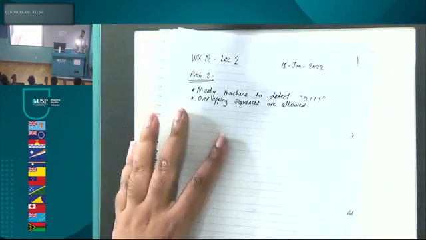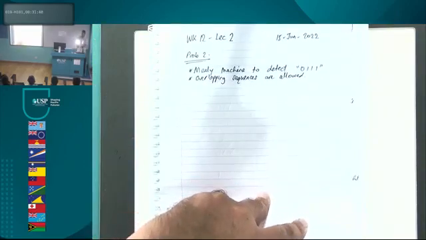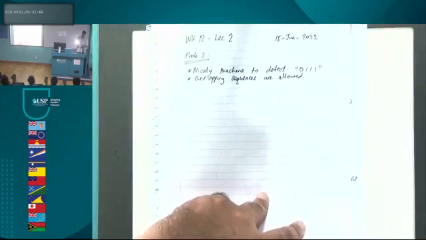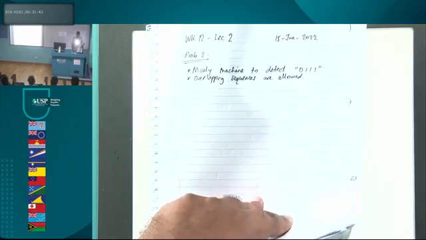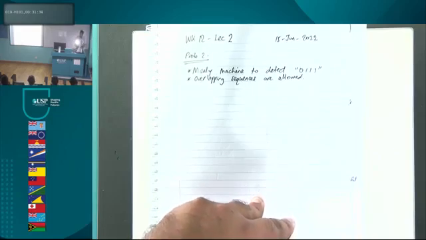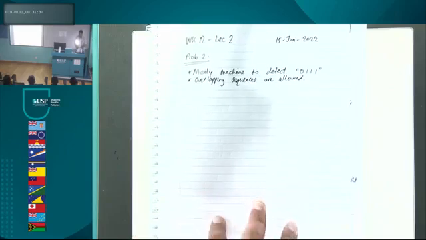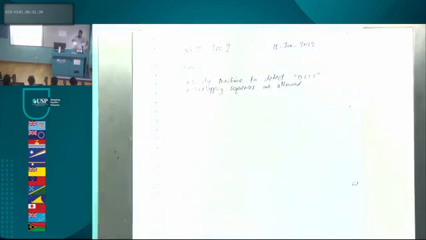But I can't zoom. What's wrong with this thing here? I hope you guys can read that.